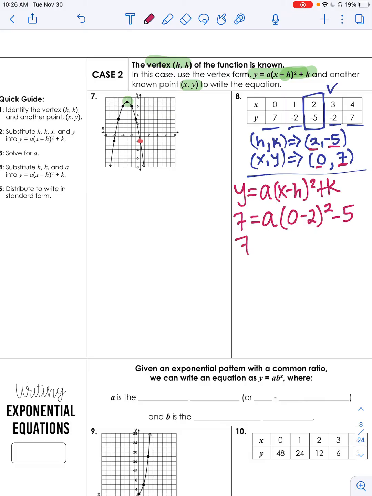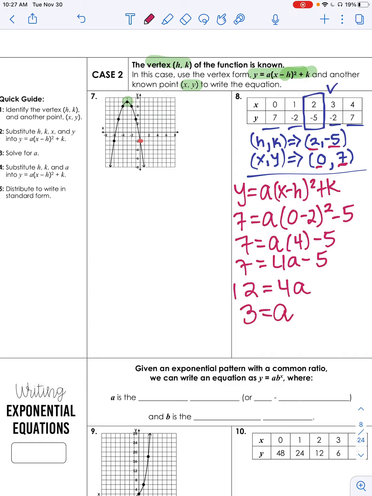Okay, so 7 equals a times 4 minus 5. So that will give me 12 equals 4a, and 3 equals a. So we solved all the way for a, and let's add that to what we know.